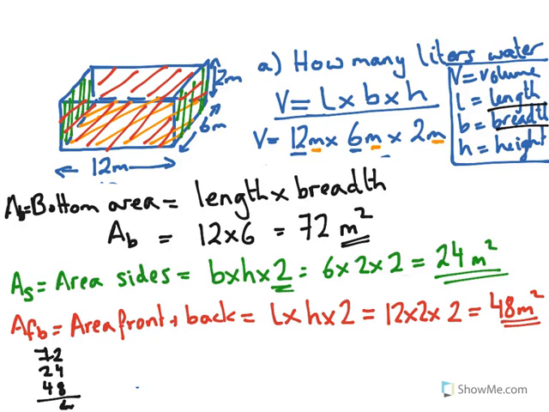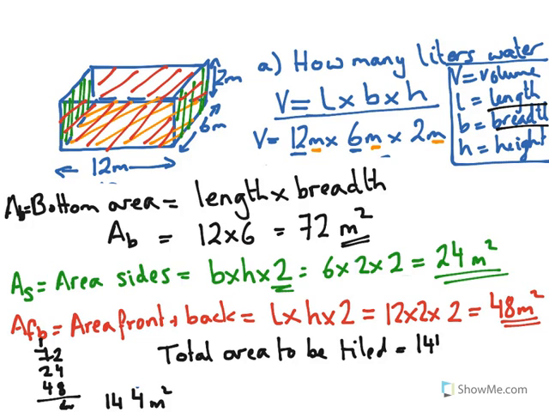Let's do it over here. So we'll get 14 here, and then 7 plus 4, 11, plus 1, 12, plus 2, 13, 14. So 144 meters squared. So the total area to be tiled equals 144 square meters of pool that need tiling.